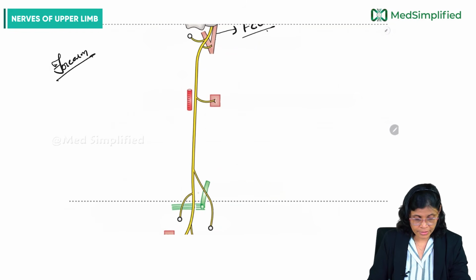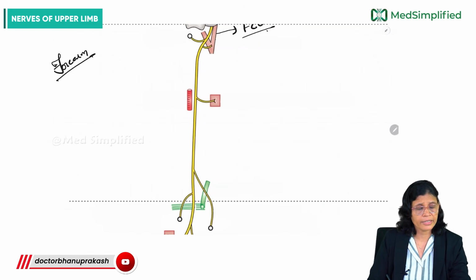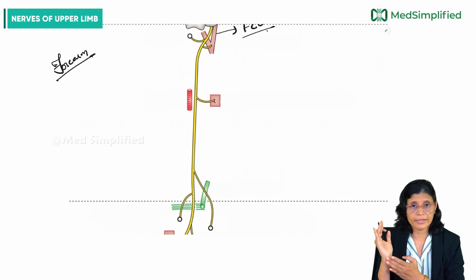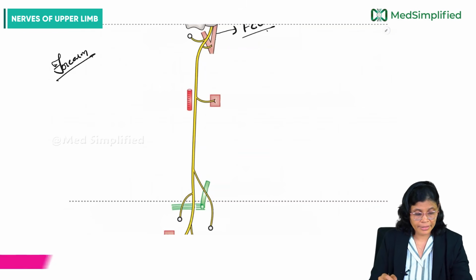The ulnar nerve and ulnar artery can be seen together in that region, where the ulnar nerve will be medial to the artery. So first will be the ulnar nerve, then the ulnar artery.